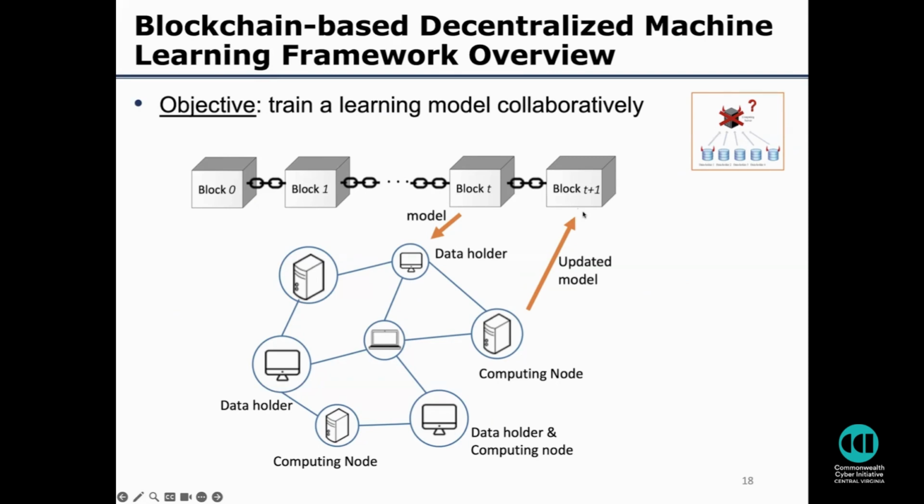So this is the whole process. After repeating this process, they can collaboratively train a global model. Once the learning task is finished, the data holders share the cost and the computing nodes get paid based on their contribution. So this is the basic structure.